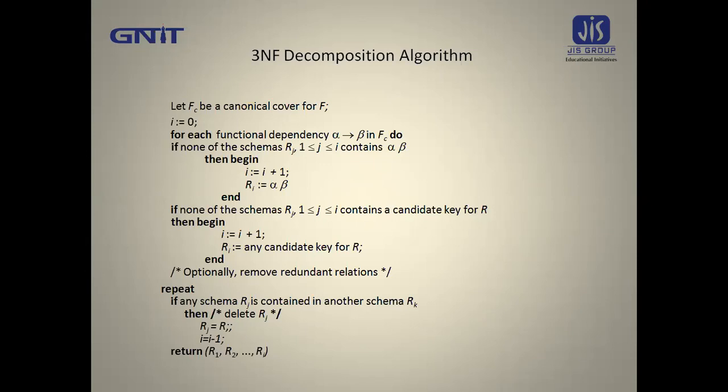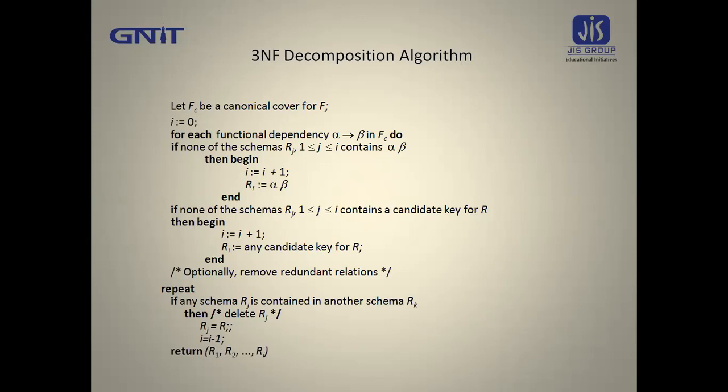So what we are doing, first we are taking functional dependency alpha implies beta from Fc, the canonical cover. And if none of the schemas Rj contains alpha beta, then we begin by i equals i plus 1, Ri equals alpha beta.